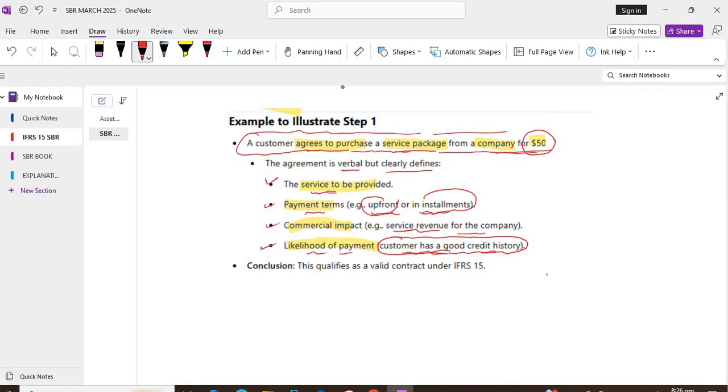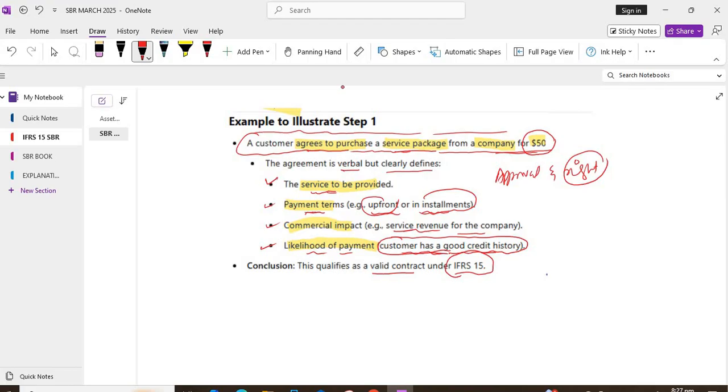So the conclusion is this qualifies as a valid contract under IFRS 15. The contract is valid because there is approval of both parties and rights. The contract has been approved by both parties, and the right is that one party will provide the services and the other party will get consideration.